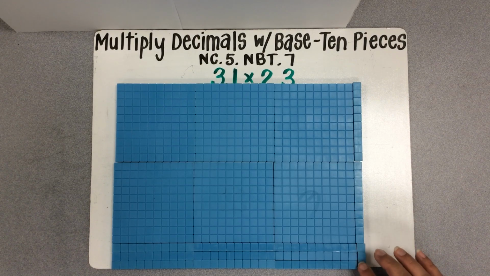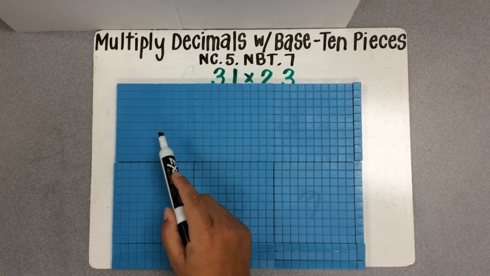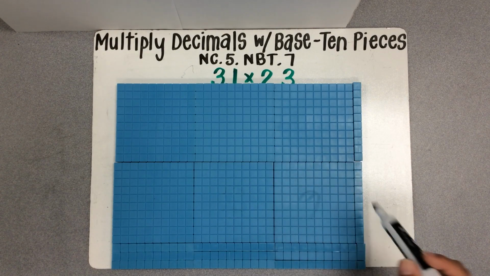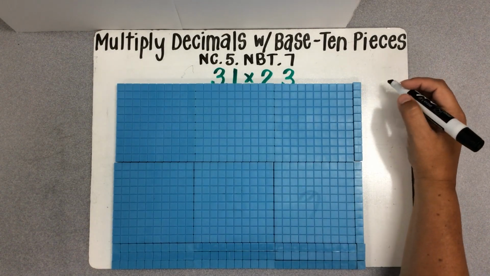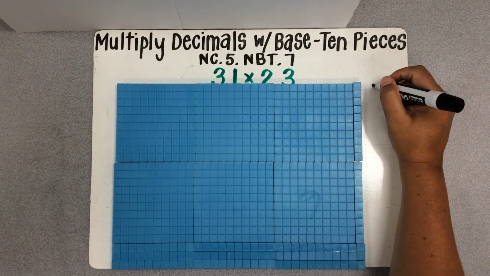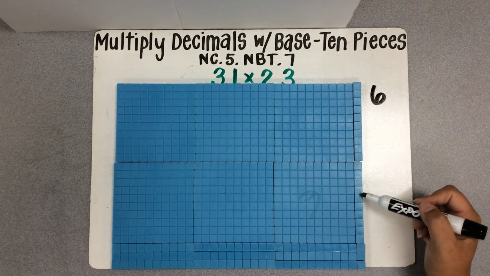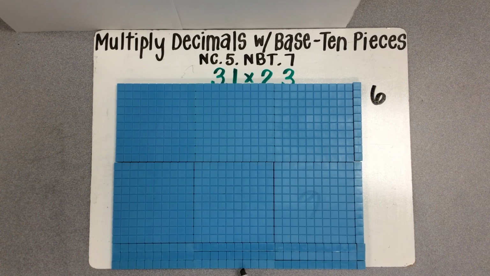And so now we just need to look at, well, what are our partial products? So here we saw that we have 6 wholes, 1, 2, 3, 4, 5, 6. So we have 6 wholes. Here we have 2/10, but we do have some tenths down here as well. So we have 1, 2, 3, 4, 5, 6, 7, 8, 9 tenths there.